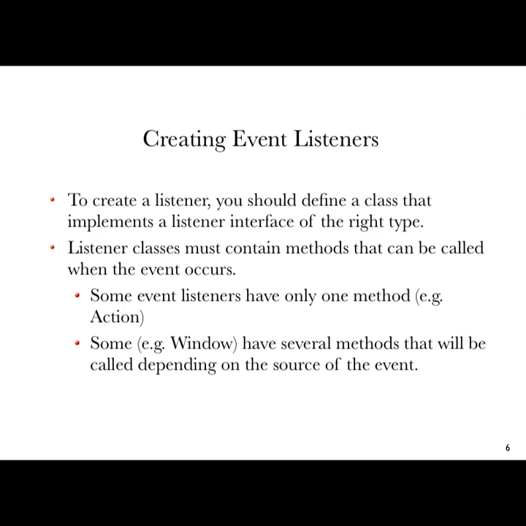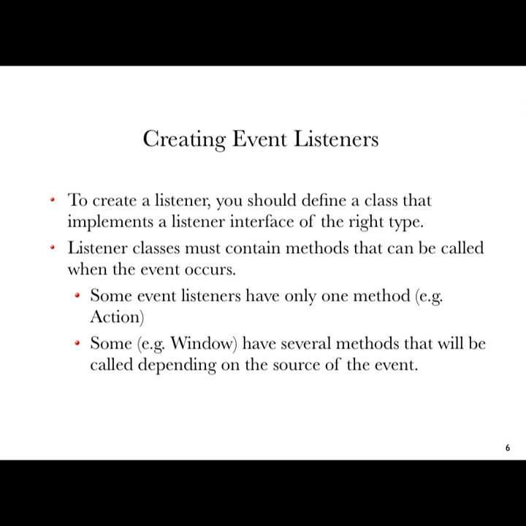Most notably in Java, you can have multiple interfaces on one class, though that won't be so relevant here. So these listener classes basically contain a formal description of what happens when the event happens, yeah?